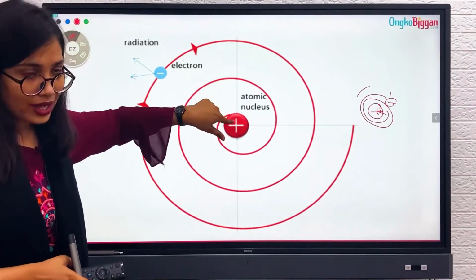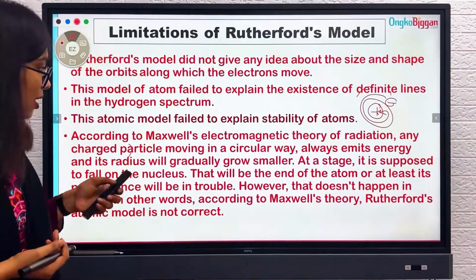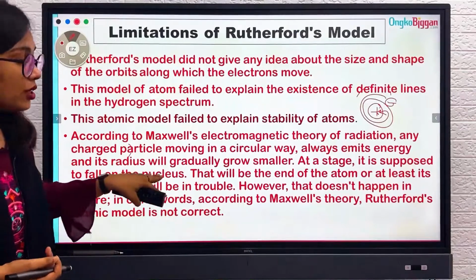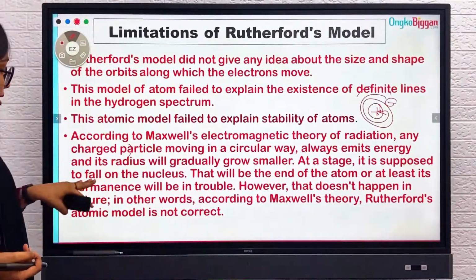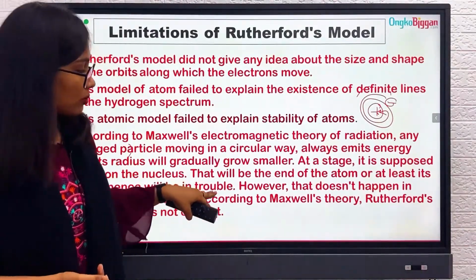It's shrinking, going into the center. That's what Maxwell's theory was about. At that stage, it is supposed to fall on the nucleus. That will be the end of the atom, or at least its permanence will be in trouble.